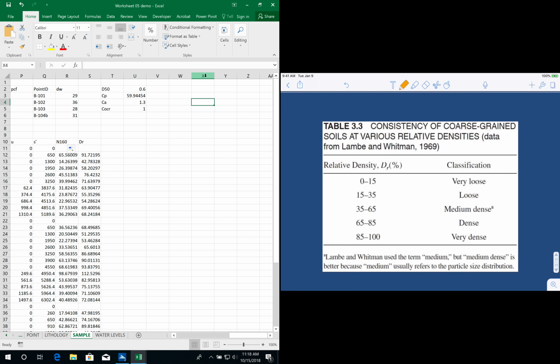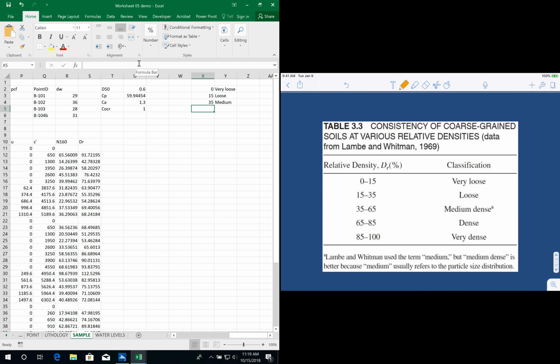So for example, if we go from 0% to 15%, then this is going to be very loose. And then if we go from 15% to 35%, this is loose. And then 35 to 65, this is going to be medium.